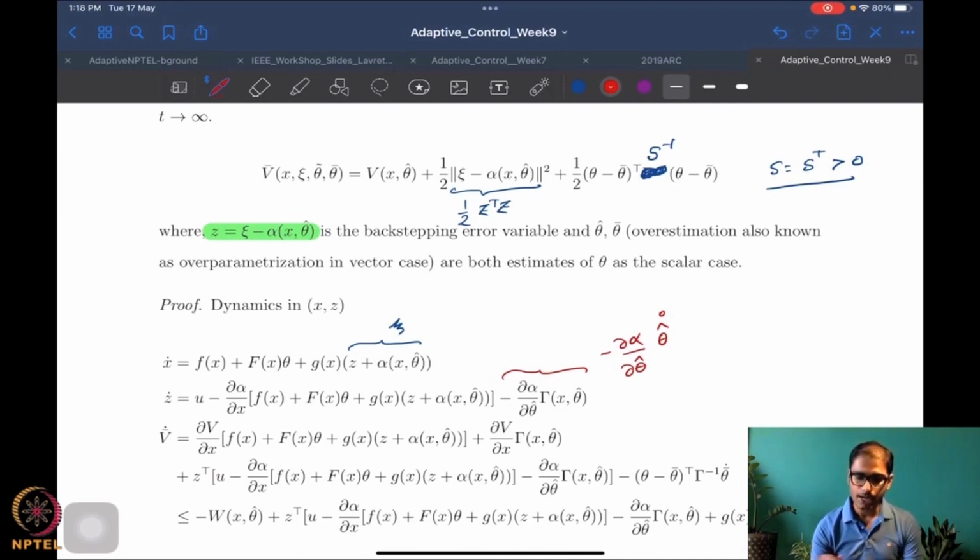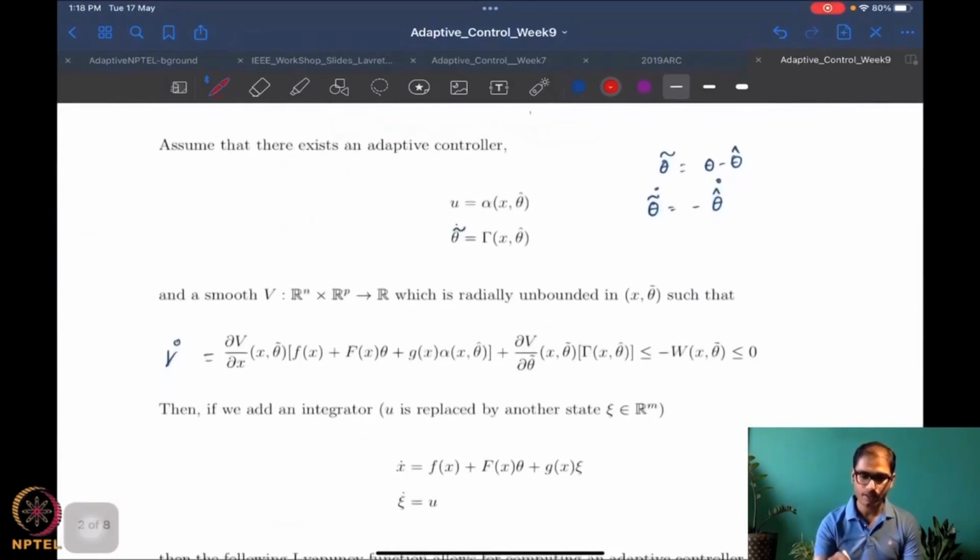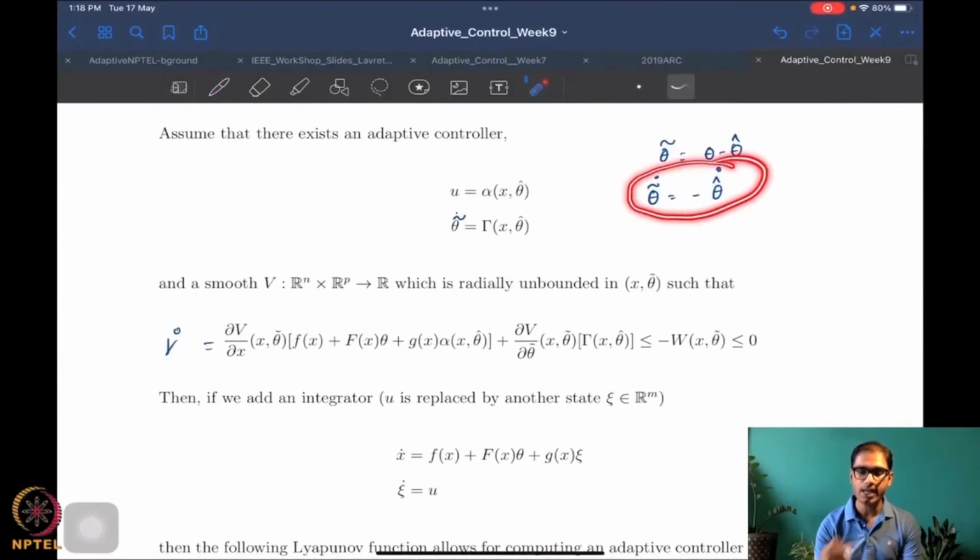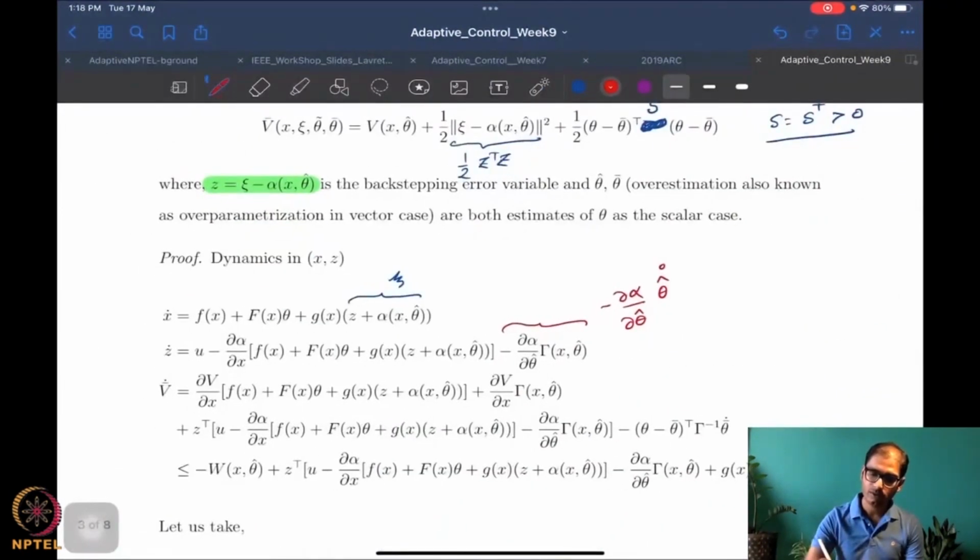And remember from the previous derivation, theta hat dot is equal to minus theta tilde dot, so it is equal to minus gamma. So I have to be careful. It's actually going to be equal to plus del alpha del theta hat gamma x theta hat. So there's a plus sign and not a minus sign. I hope that is clear. So what have I done? I have simply written the dynamics.